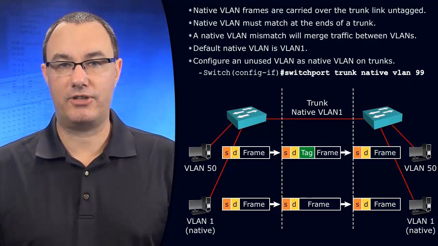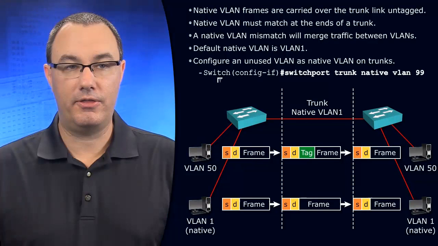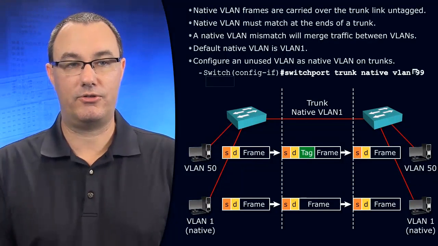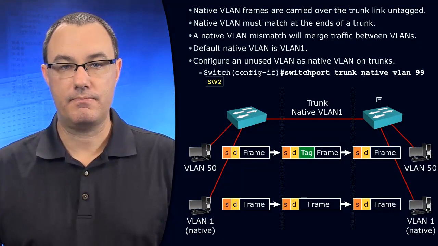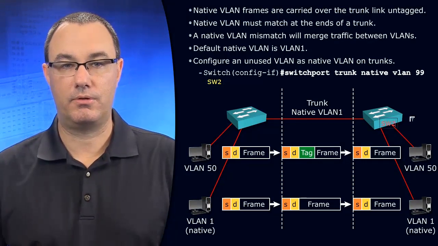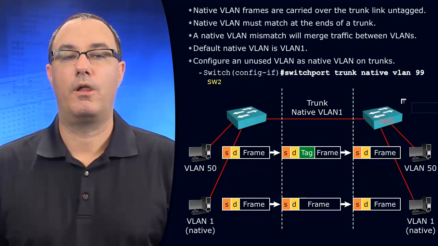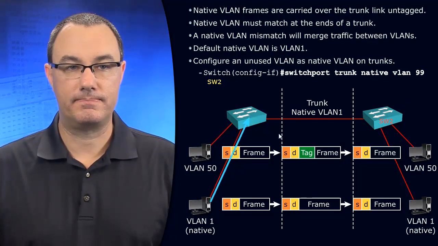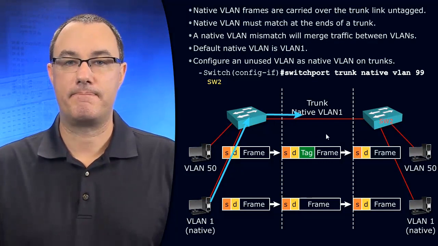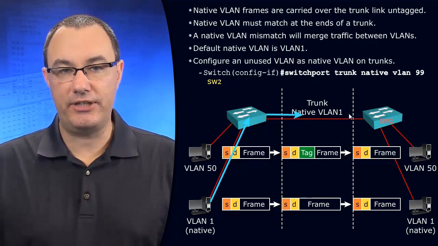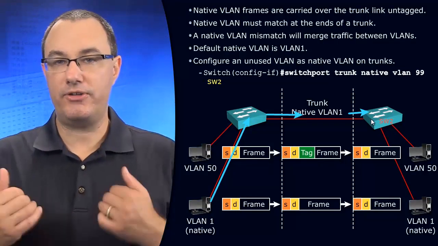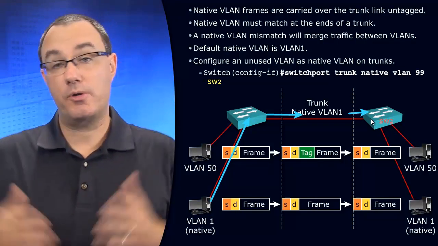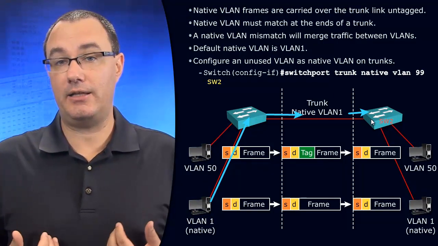So let's do that. Let's say that this was done on the right-hand switch, switch 2. And I'll put in an ID here for switch 2. Okay. So now what's going to happen is if a frame goes across, leaves, and then is received on this port, the receiving port says, oh, you're not tagged, so I'm going to assume you're part of my native VLAN.